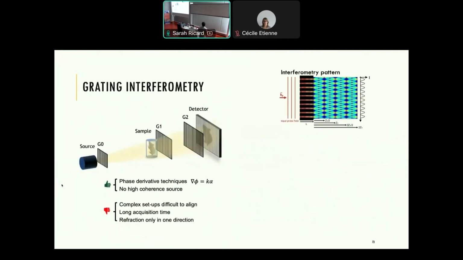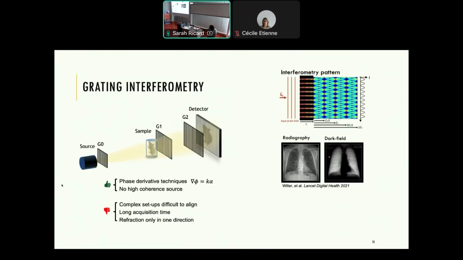Another way is interferometry. To do such a thing, they use this grid, like the famous double Young slit experiment. If you place yourself at a certain distance, you measure directly the wave property of your X-ray beam, okay?